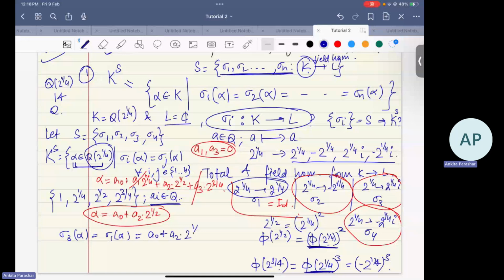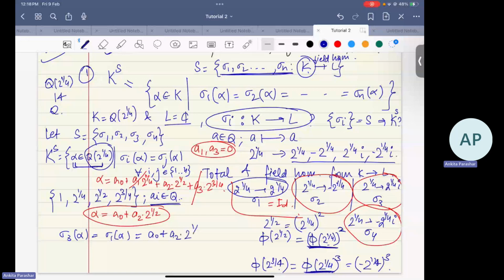However, A is kept constant because it's an element of Q. Q is a prime field here. So how many homomorphisms do we have? Sigma 1 from Q(2 power 1 by 4) to Q(2 power 1 by 4), Q going to Q, 2 power 1 by 4 going to 2 power 1 by 4. This is like identity.